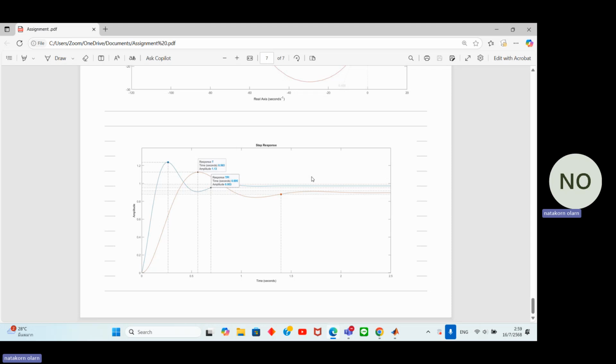PI is effective at eliminating steady state error, making it suitable for applications where precise set point tracking is crucial. PD controllers, on the other hand, are better at damping oscillation and reducing overshoot, making them useful in systems with fast dynamics and where stability is a priority.